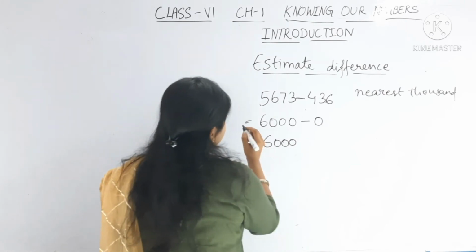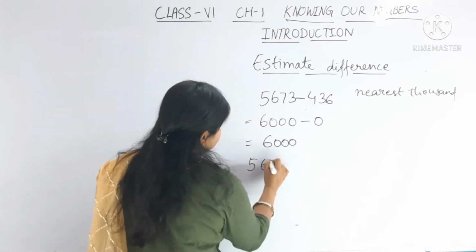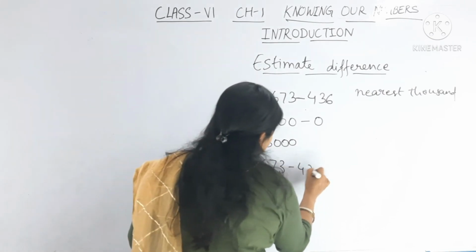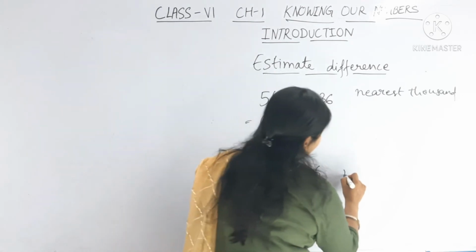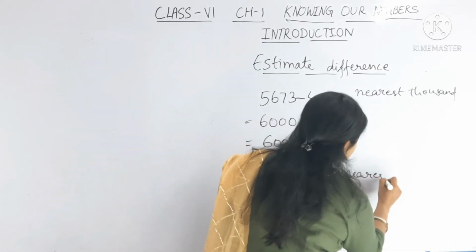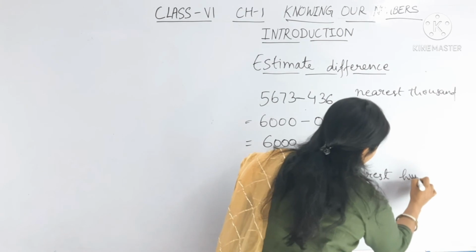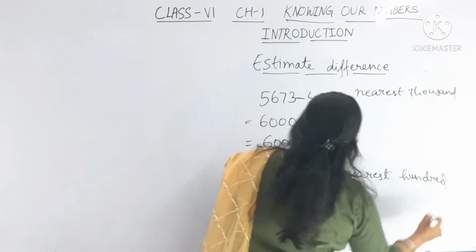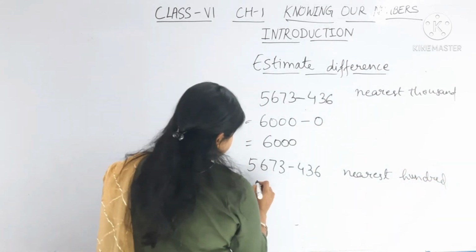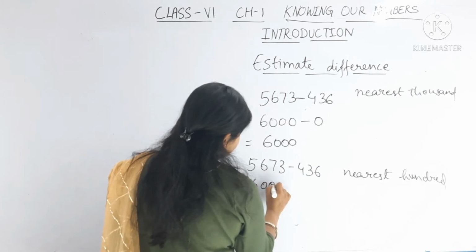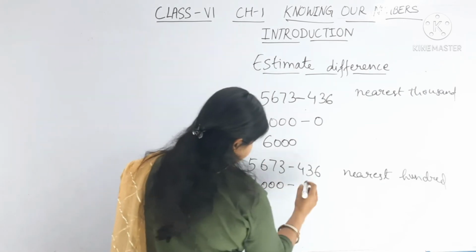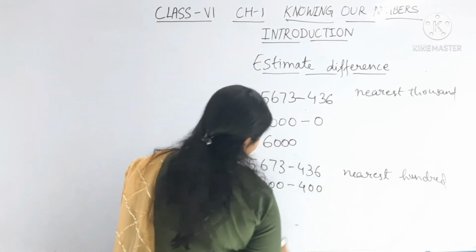Okay, for the same number, if we have to estimate the difference for the nearest 100, it will be 6000 minus 400, right?